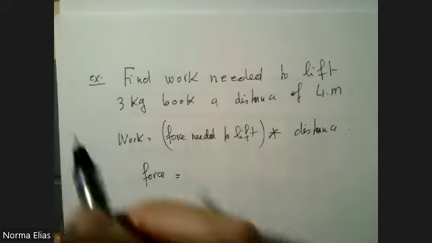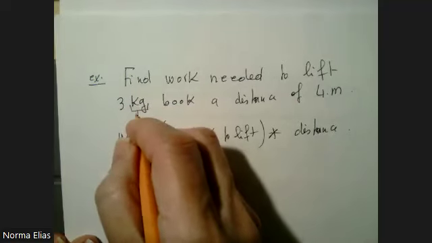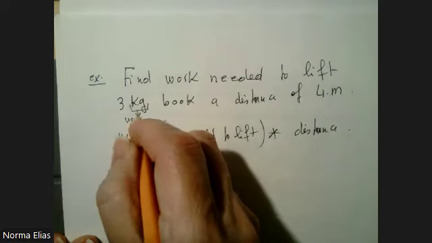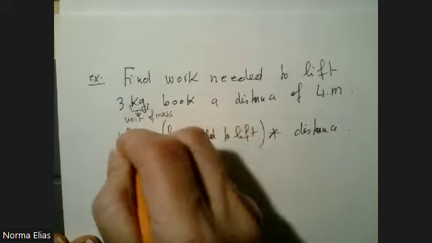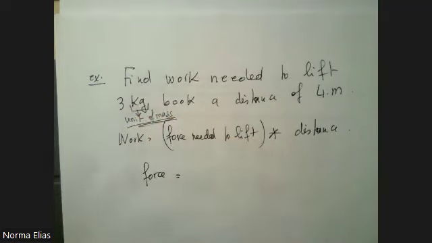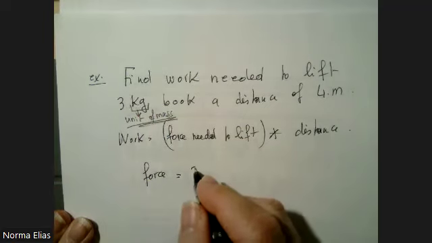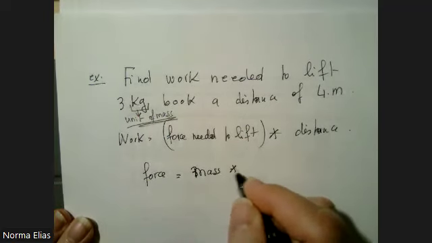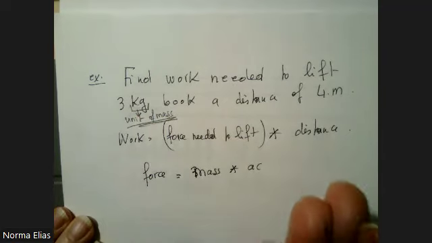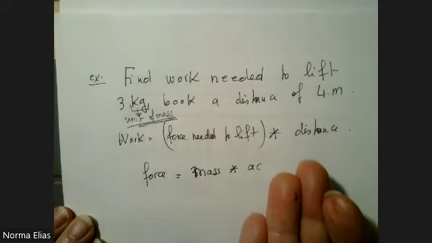100% correct. Remember, kilogram is a unit of mass. So the force is the mass times the acceleration, because when you lift it, you're not fighting only the mass of the object, you're fighting gravity.